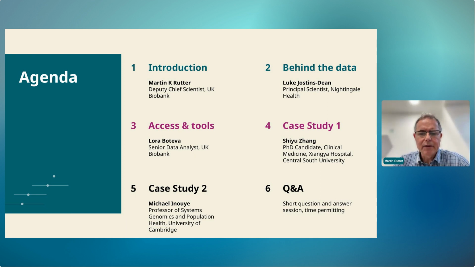And then following on from Shelley, Mike Inouye is going to be talking to us about using these data for cardiovascular risk prediction. Mike is a professor of systems genomics and population health at the University of Cambridge and has done some fabulous work, as I mentioned. So Shelley will hand over to Mike just to save a little bit of time, and then hopefully we'll have a bit of time for a Q&A at the end and possibly bring in some of the speakers again. So I'll hand over now to Shelley.